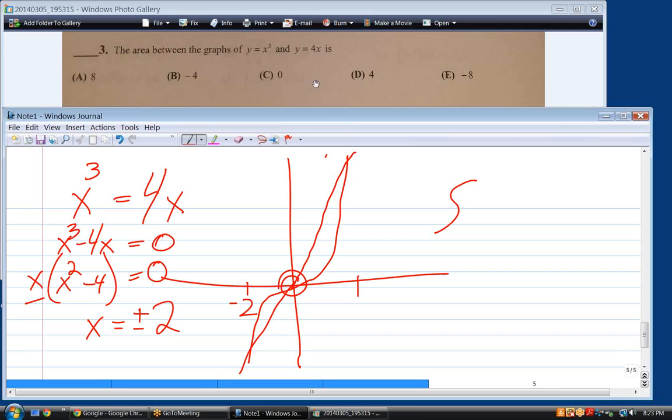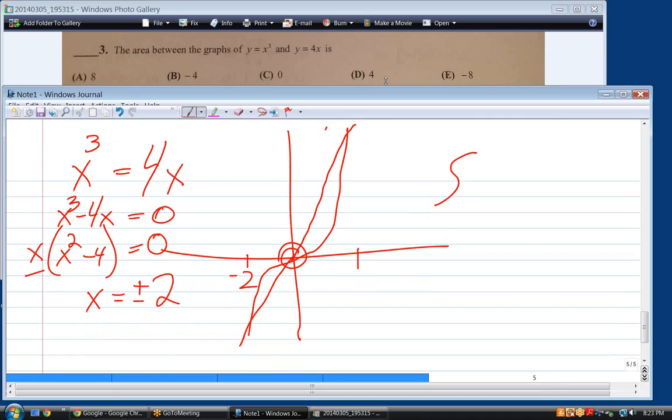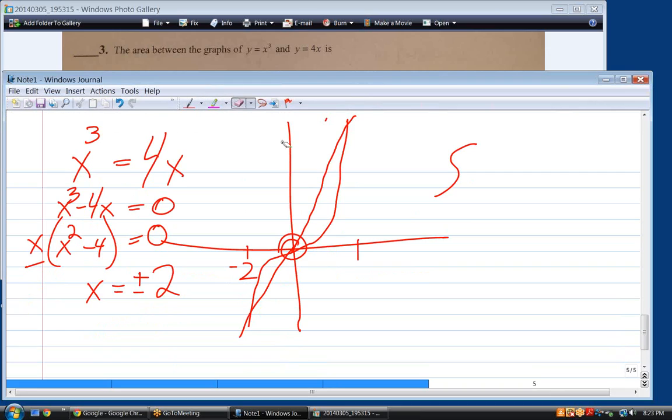So the area between the graphs is the integral from negative 2 to 0. Well, now hold on a moment. Let me draw this a little bit better.